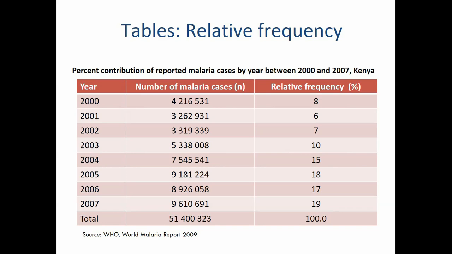When, where, who, and it contains the source WHO World Malaria Report 2009. Here we got the year, number of malaria cases, and relative frequency. Here almost everything was met in this table.